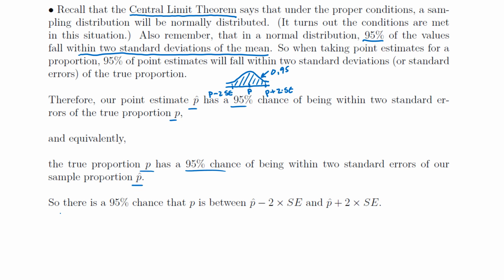All right, so that means that there's a 95% chance that the true proportion is between this number, 2 standard errors below the sample statistic or the point estimate, or 2 standard errors above the point estimate. So between those 2 numbers.